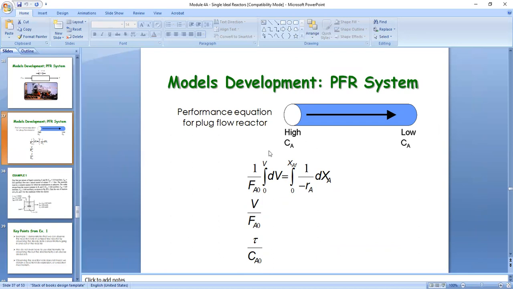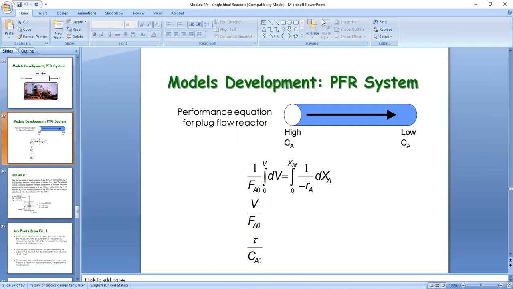You have here 1 over FAO times the integral of dV from 0 to V on the left side, and on the right side, you have the integral of dXA divided by the rate law, whatever the rate law is, integrated from 0 to the final conversion X sub A. If this is integrated, that would simply be V. And as presented also in the CSTR, V over FAO is actually tau over CAO.